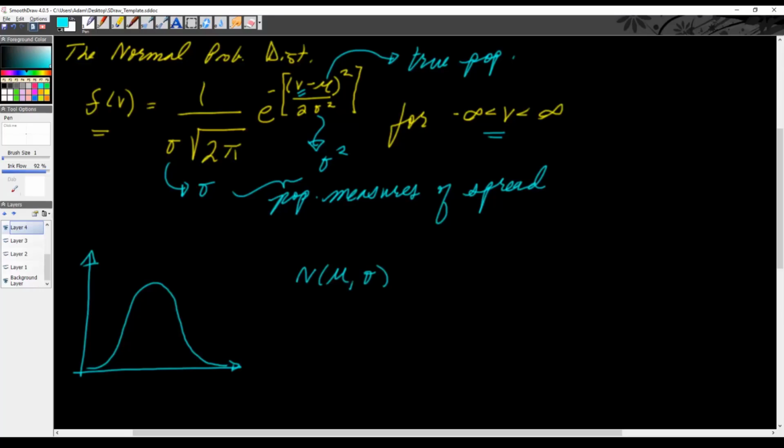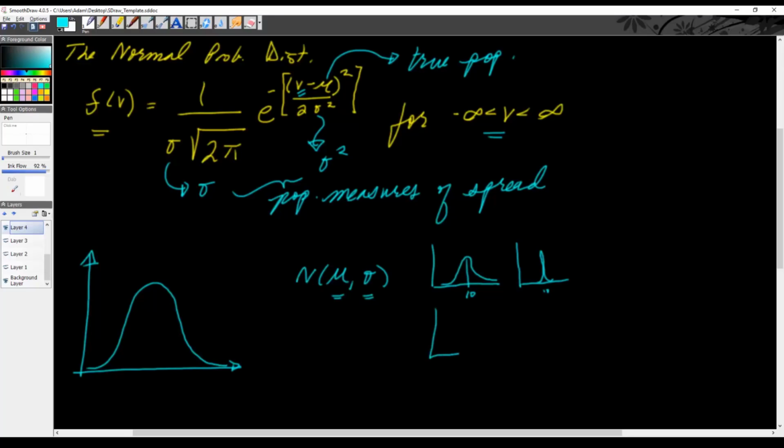And this basically means that the shape of this curve depends on two things: the mean and the standard deviation. So here are two examples of normal curves. And let's give them the same mean, but different standard deviation. So that mean might be 10. But one is much more spread out than the other.